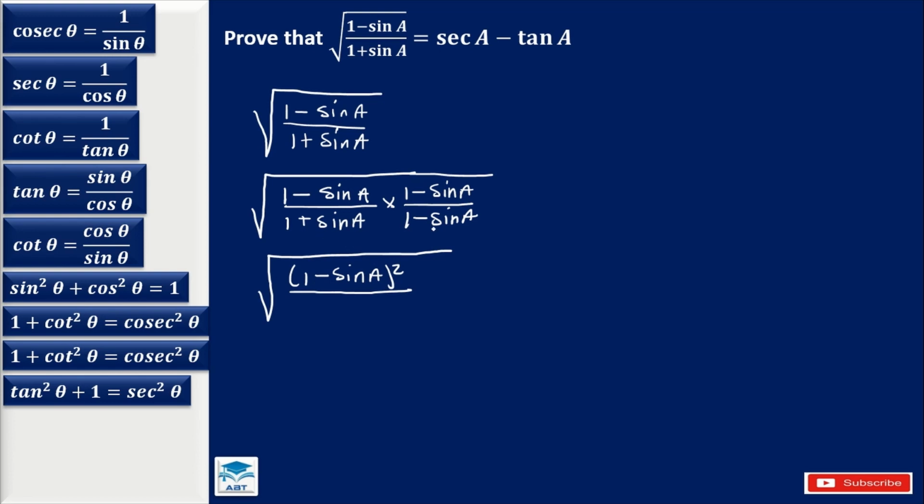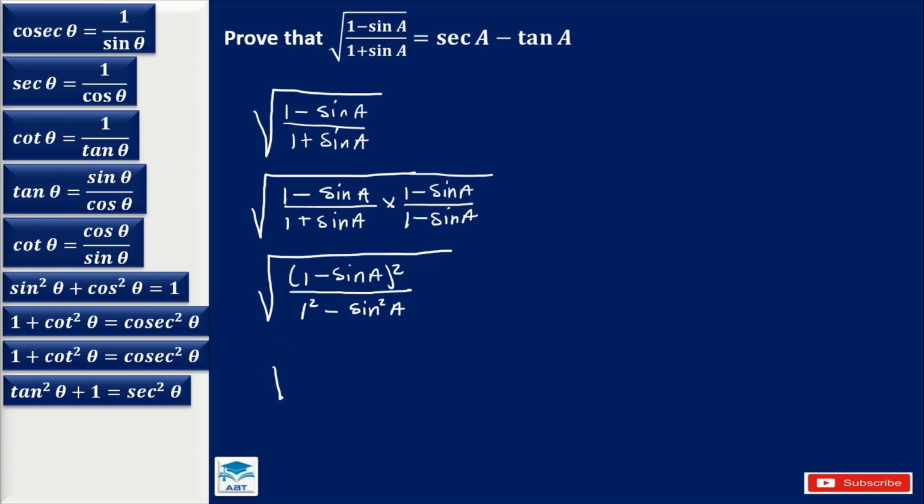And the denominator is difference of two squares. 1 plus sine A times 1 minus sine A is 1 squared minus sine square A.